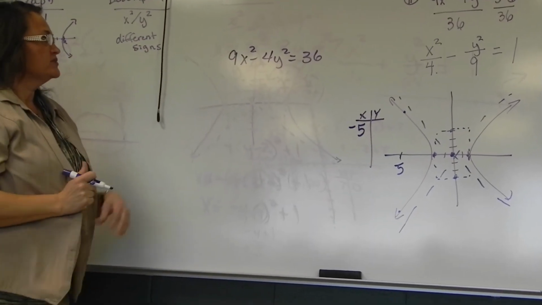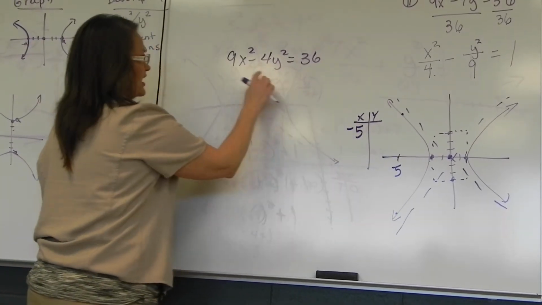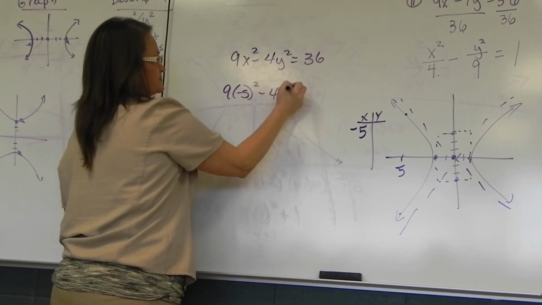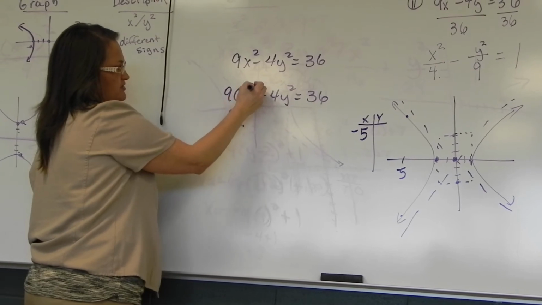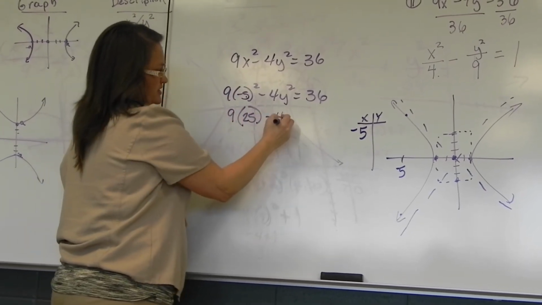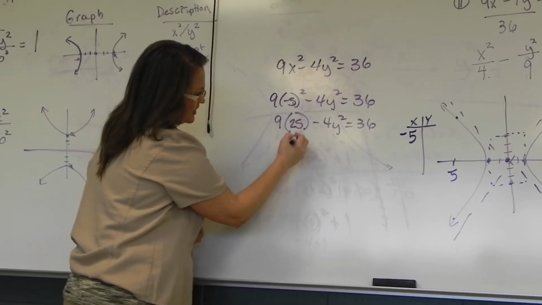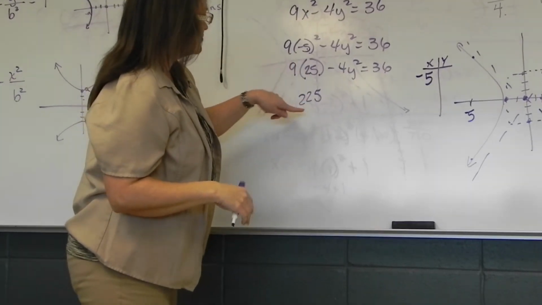So let's say I'm just going to try to find a t-table value by plugging in -5 for x and equation solve that. So let's see, that's 9 times -5 squared, which is 25, minus 4y squared. And then let's see, 45. Maybe I should have chosen that smaller number. 45, carry the 4. I think I'm okay.